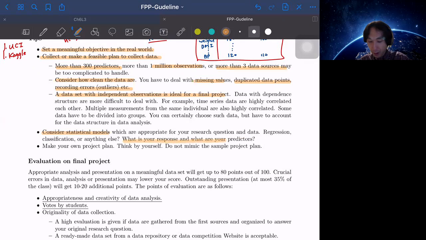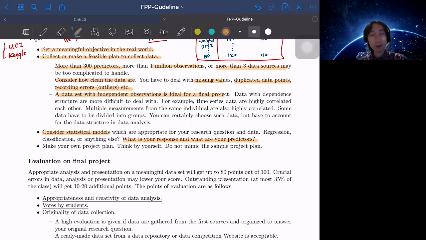So at first, what is your problem? Do you want to summarize the data, or do regression, or classification, or some testing? At first, you have to have a clear idea on what kind of analysis you want to do.